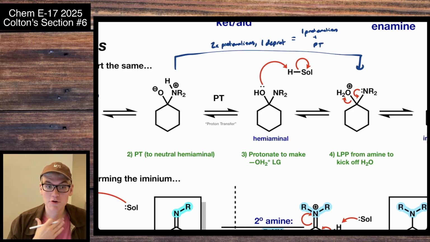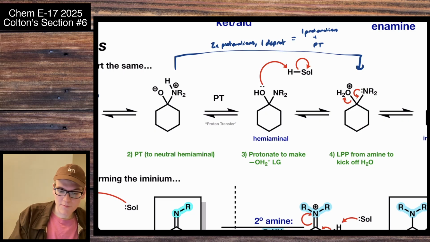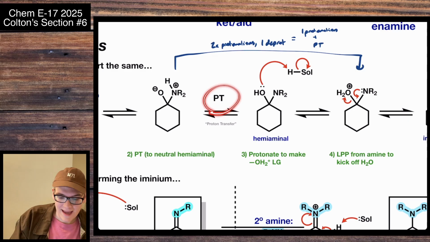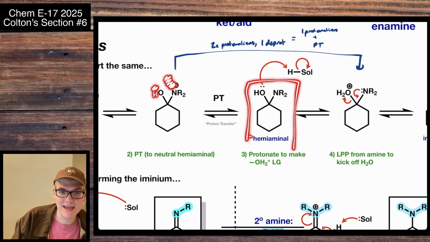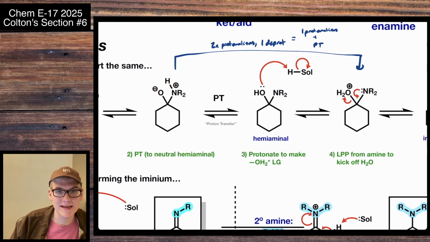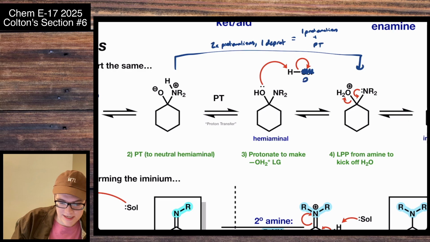The way I show mine is doing a proton transfer first, and then I'm erasing this hydrogen and adding on a hydrogen here. And this takes us to our neutral hemiaminal intermediate. And then afterwards, I still need to do a protonation. So I would go and grab a hydrogen from, in this case, OH2 in the reaction.